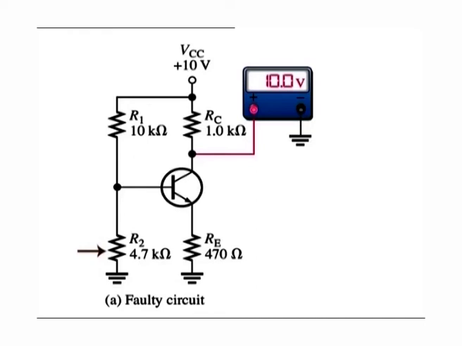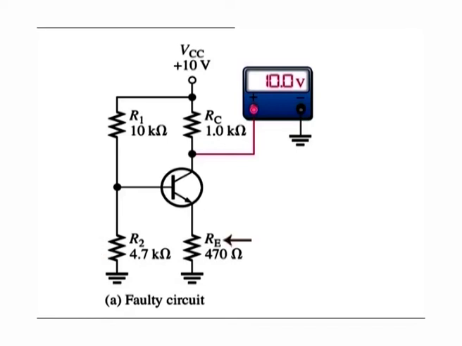The transistor is non-conducting, so there is no IC and therefore no voltage drop across RC. This makes the collector voltage equal to VCC, 10 volts. Since there is no base current or collector current, there is also no emitter current and VE is equal to 0 volts.